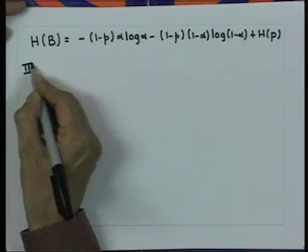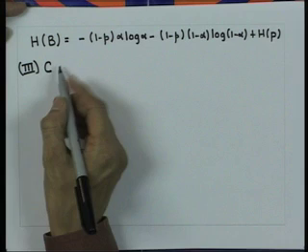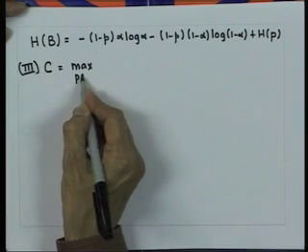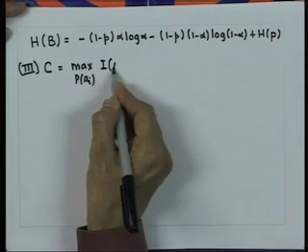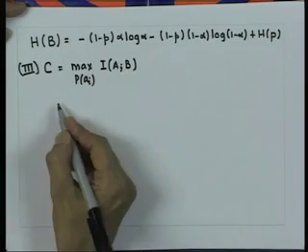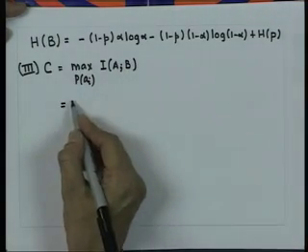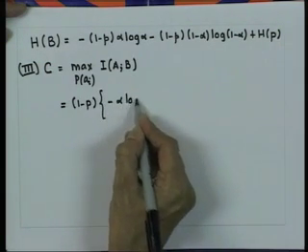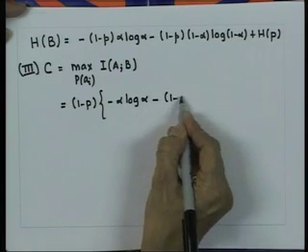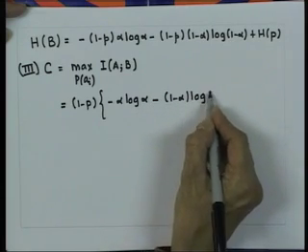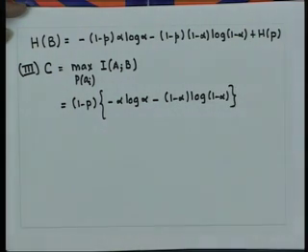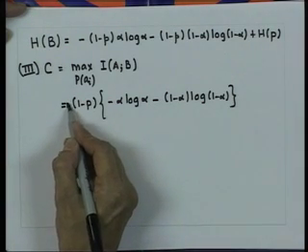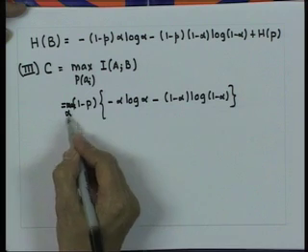Therefore, finally, to calculate C, which is equal to the maximum over P(A) of I(A;B), this is equal to 1 minus P into {minus alpha log alpha minus 1 minus alpha log 1 minus alpha}. So, maximum over alpha.